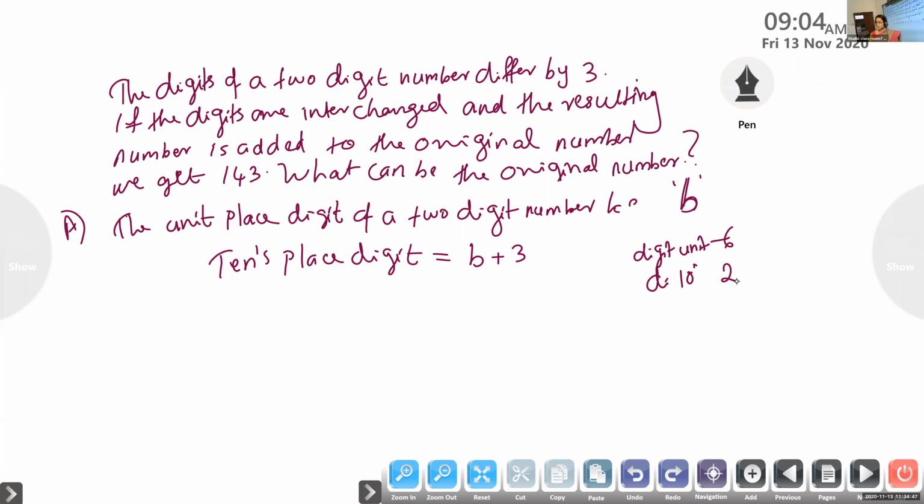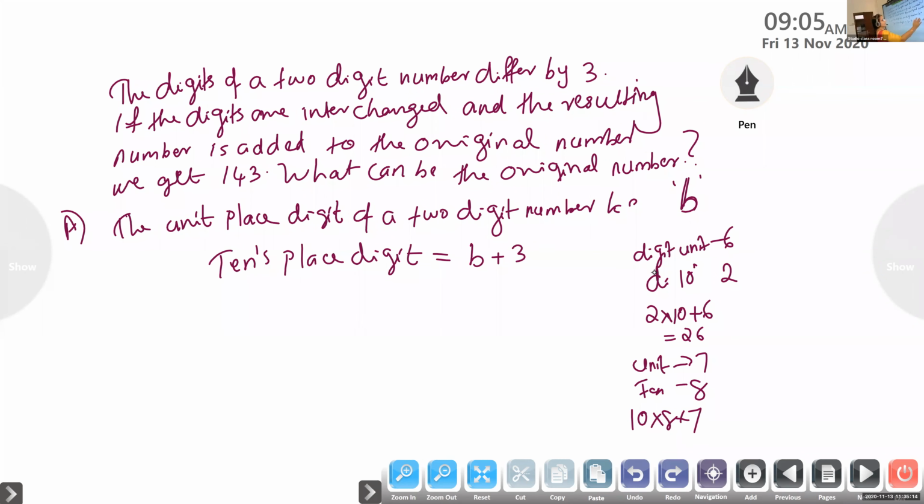So what will be the number? 2 into 10 plus 6, 26. If the unit place digit is 7 and the tens place digit is 8, then what will be the number? 10 into 8 plus 7, 87.